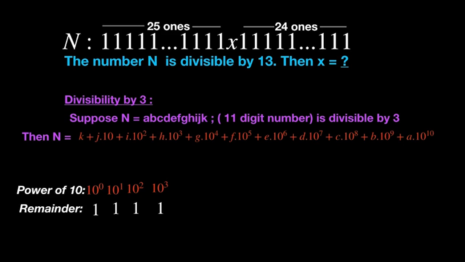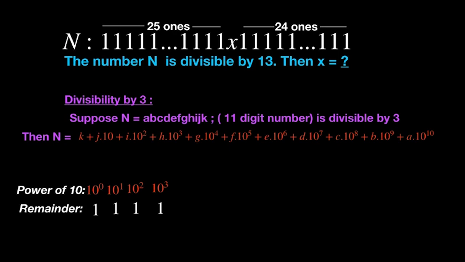So 10 squared gives remainder 1, and 10 cubed gives remainder 1. Also, if we divide 100 by 3, 33 threes are 99, and there we also get 1 as the remainder. So in this way 1000 gives remainder 1 when divided by 3.